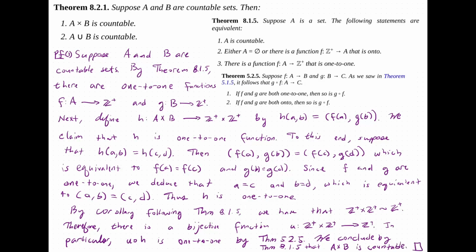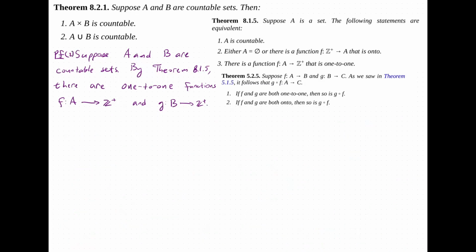So now let's extend this idea to part 2. As before, we have A and B, countable sets. By theorem 815, we have the existence of 1 to 1 functions, and now we want to define our new function. So next, let h go from the union of A with B, and here's where we're going to take a slight detour.